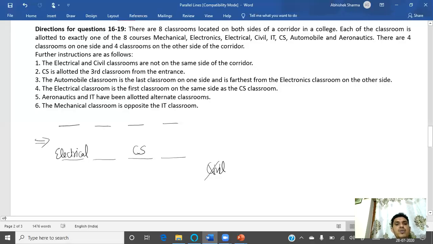The automobile classroom is the last classroom on one side and is farthest from the electronics classroom on the other side. That means if we place electronics here, the automobile classroom is the last classroom on one side and is farthest from the electronics classroom. That means automobile must be here, right?